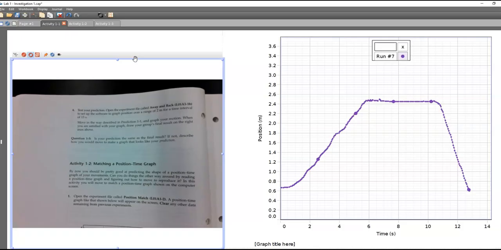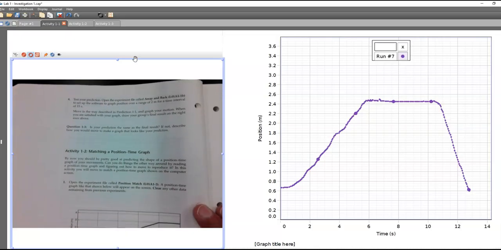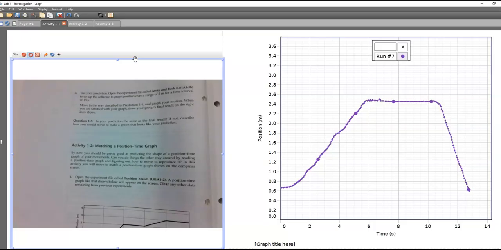Now we're going to do something even more interesting. In activity 1-2, by now you should have a pretty good idea of predicting the shape of a position time graph depending upon your motion. Can you do things the other way around? That is to say, I give you the graph, can you move to match the position time graph? Before it's you move and here's the graph.